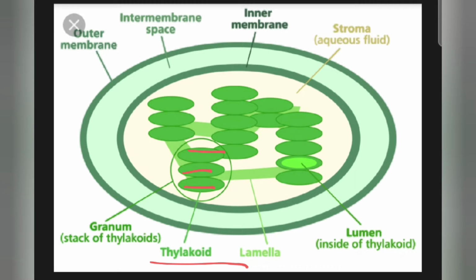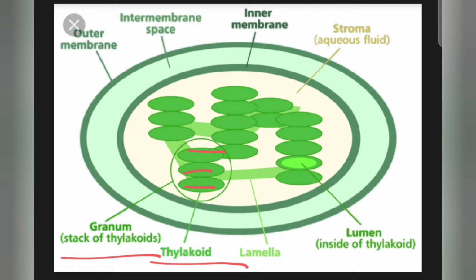So it is a stack of 3 thylakoids, and this whole stack, as you can see, is rounded up and marked as granum, which is a stack of thylakoids. The stack can be of 3, can be of 2, can be of 20, the number varies, but each sac within this stack is known as thylakoid and the full stack is known as granum.